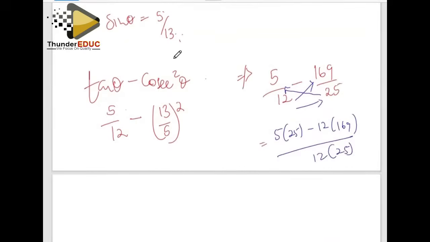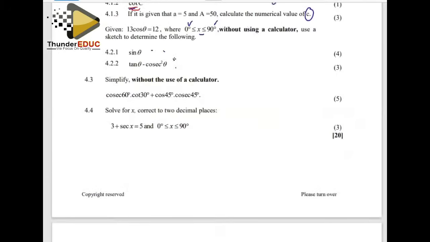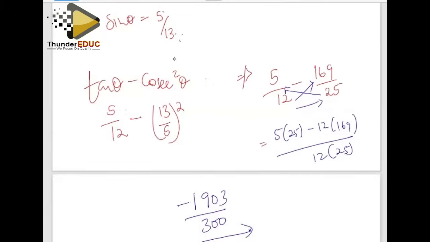I'm just punching everything at once, 5 over 12 minus 169 over 25. It is giving me negative 1903 over 300. But examiners, how do you expect people to multiply this without a calculator? Remember, the calculator restriction is just to avoid learners getting the value of theta. We don't want the value of theta, but with all the other steps, feel free to use the calculator.